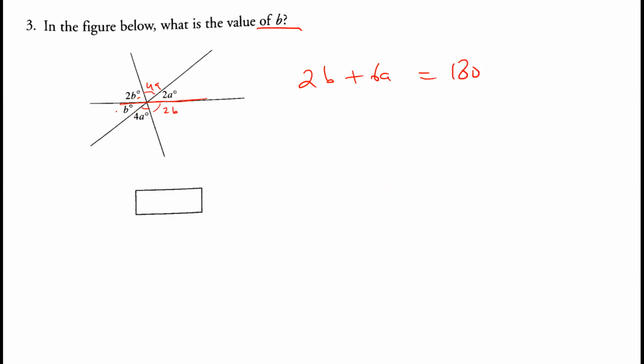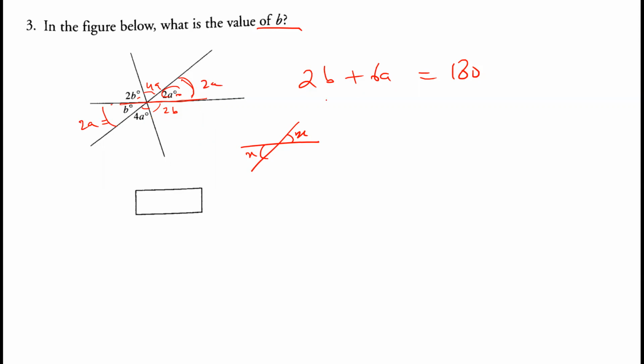And we know that 2A equals B. If this is 2A, this angle will be equal to this angle. So if we have two lines, this angle will be equal to this angle. If this is X, this will also be X. If this is 2A, then this will also be 2A.